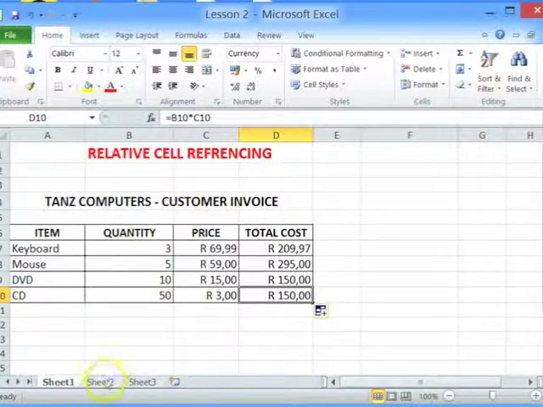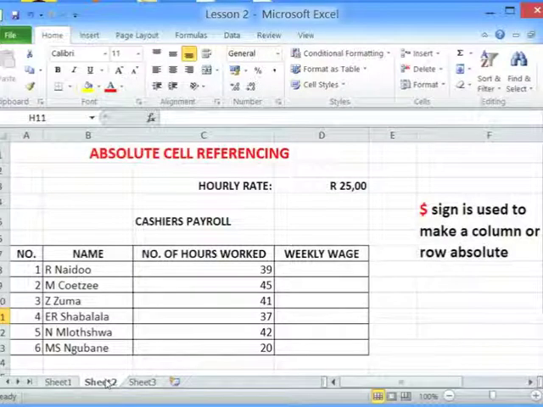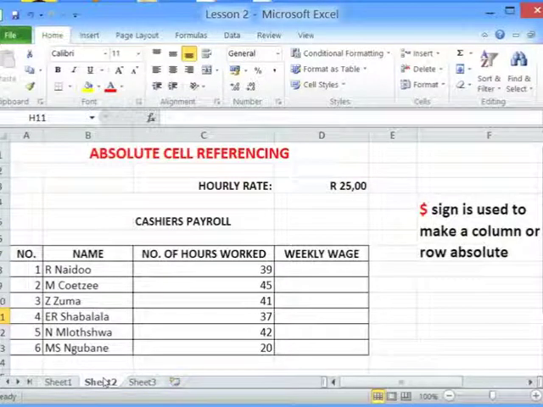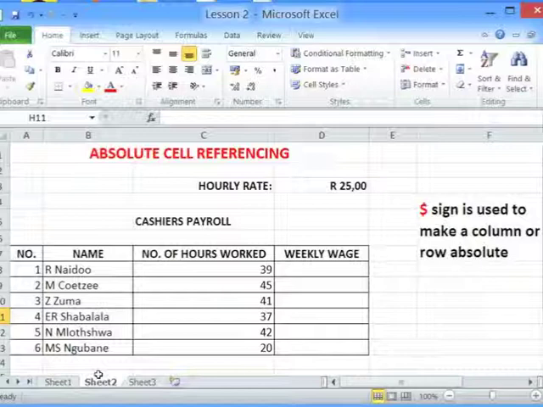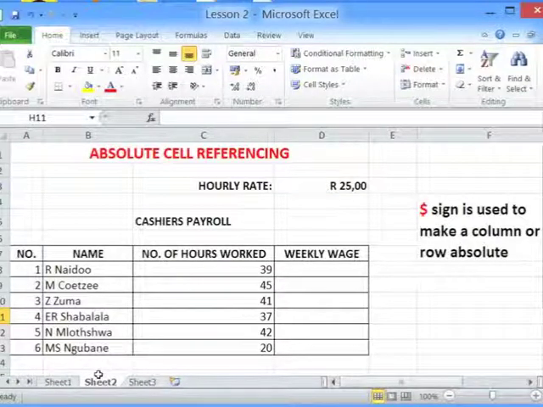Let us look at absolute cell addressing. There are times when we do not want the cell reference to change when we copy a formula or function. In these cases, we use absolute cell referencing. An absolute cell reference is a cell reference that will not change when the function or formula is copied.